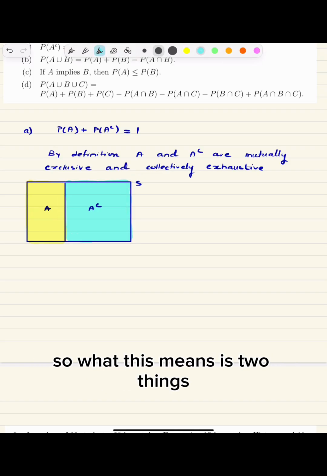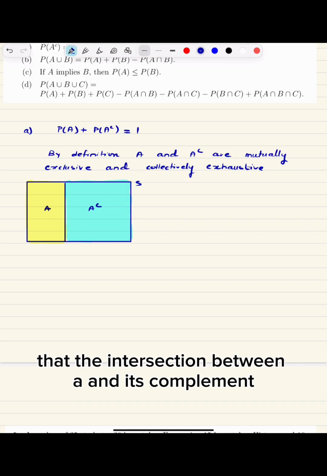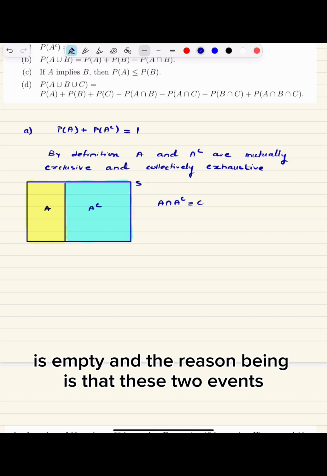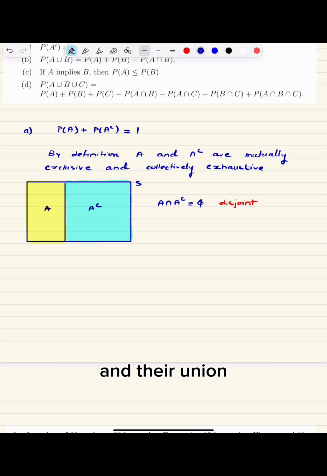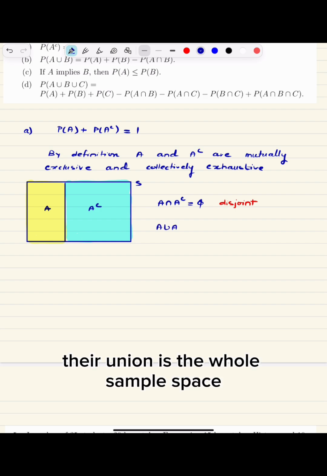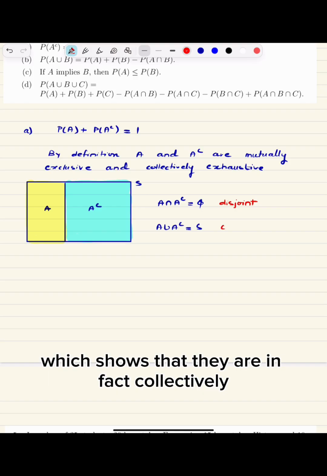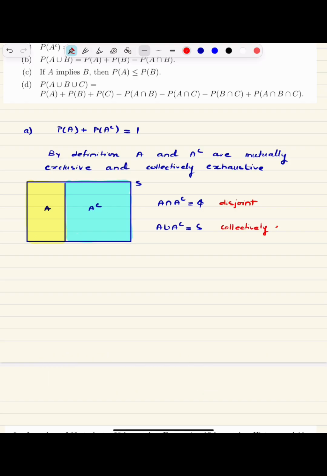So what this means is two things: the intersection between A and its complement is empty, because these two events are disjoint, that is, mutually exclusive, and their union is the whole sample space, which shows that they are in fact collectively exhaustive.